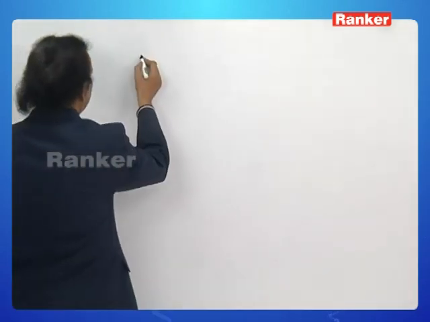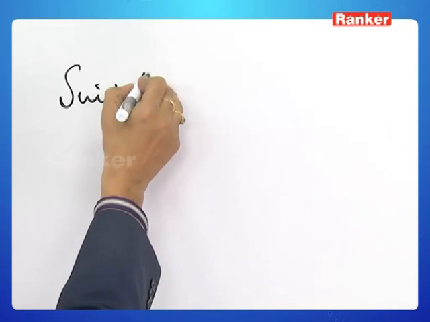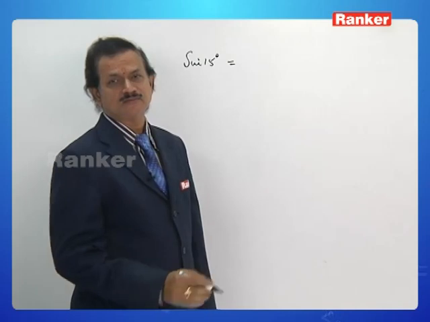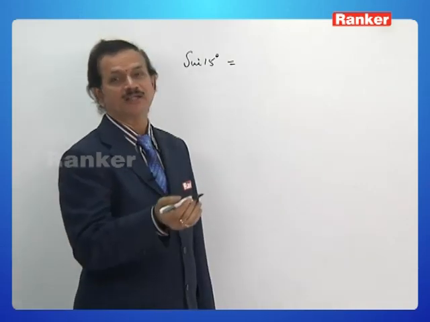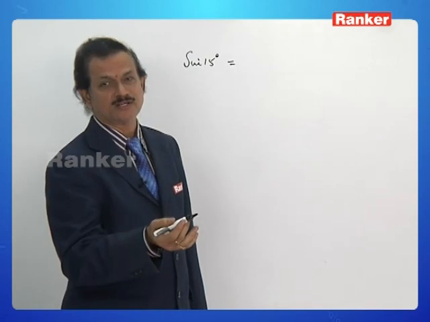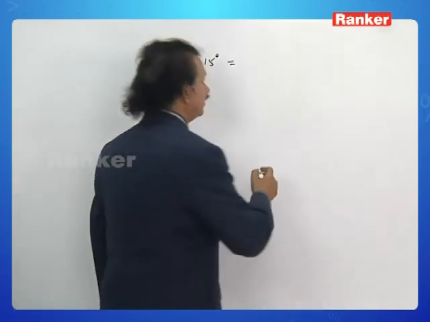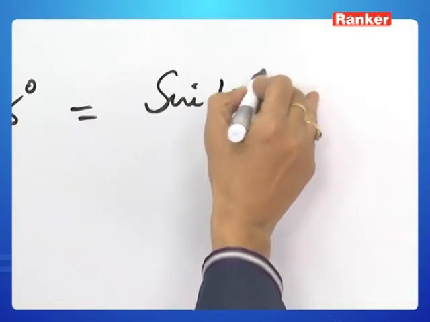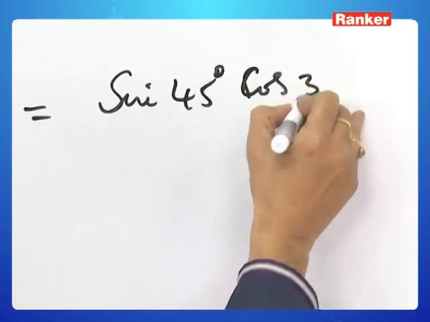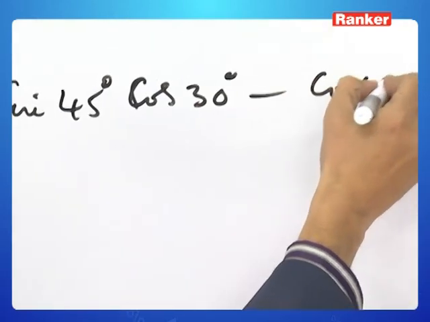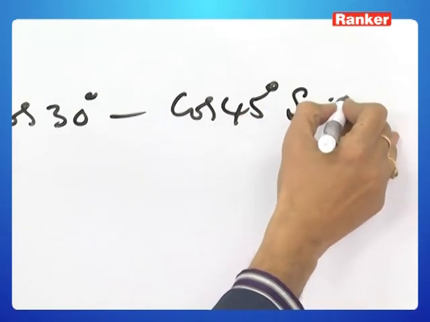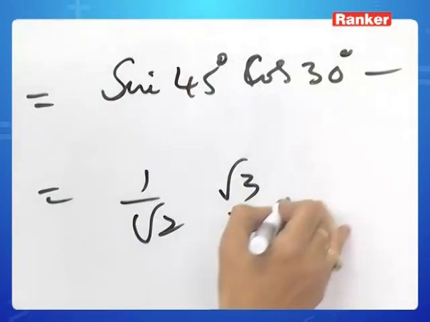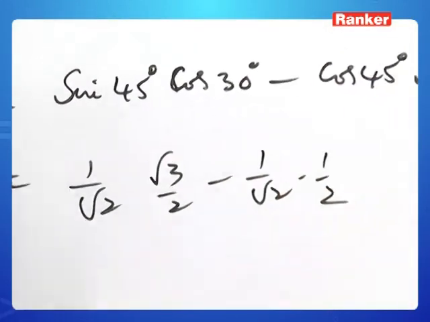We are to have the value of sine 15, cos 15, like that. What is sine 15? You can write it as 45 minus 30. Sine 45 cos 30 minus cos 45 sine 30. That is 1 by root 2 into root 3 by 2 minus 1 by root 2 into 1 by 2.